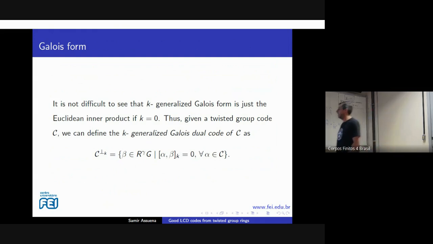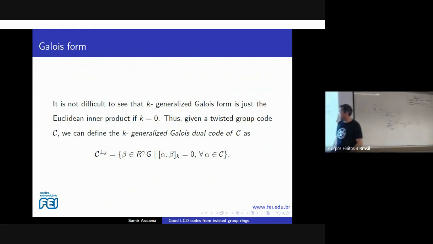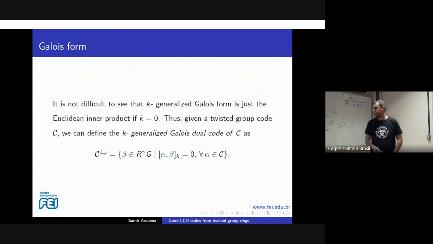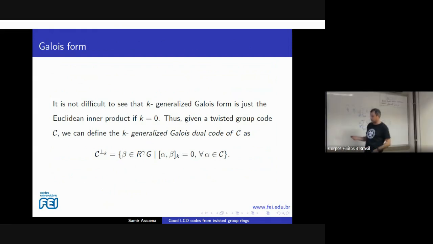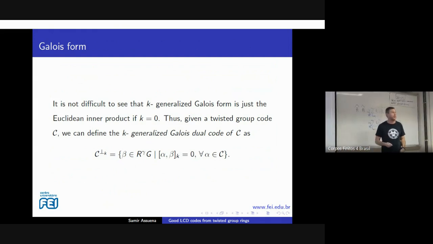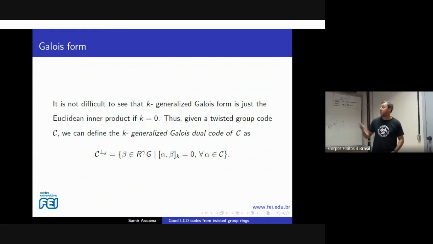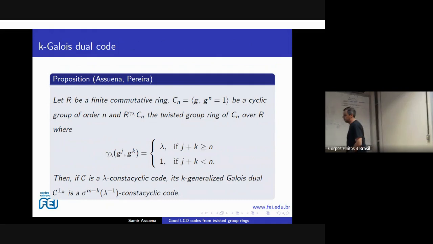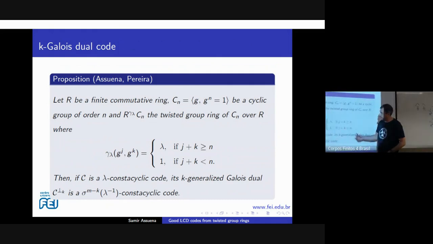It's just the set of elements which are orthogonal to every element of the code. So what can we say about this set? In general it will be difficult, but in the case of cyclic or constacyclic codes, we can give this description of this kind of sets.